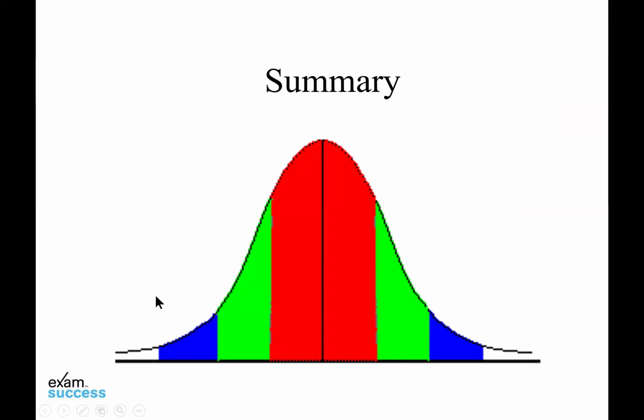And a quick summary for you. As soon as you read in a question, normal distribution, this picture should come to mind, this nice bell shape. We've got these ranges. Remember, plus or minus one standard deviation, about 68% of the returns will fall within this range.